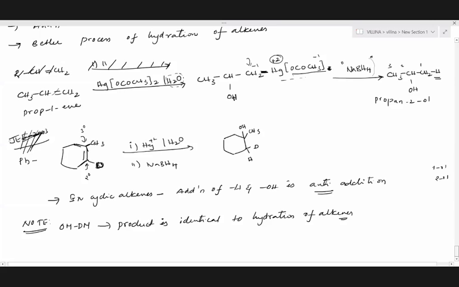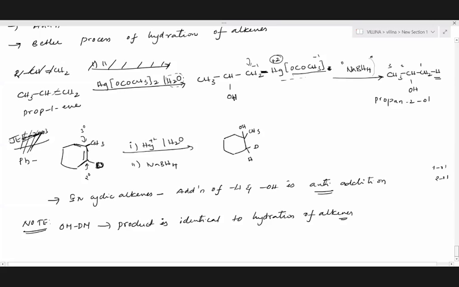But that will not happen right away, because whatever the pi bond that is broken down, it is happening in presence of this mercuric acetate. So in the first step, the mercuric acetate will get itself attached, OCOCH3 taken twice, and you have OH, because hydrogen is not attached right away.